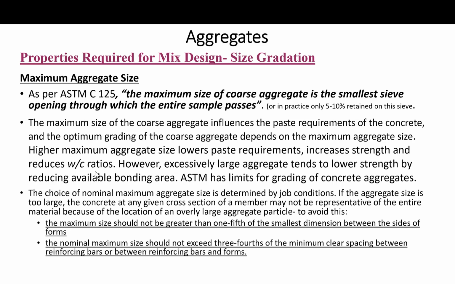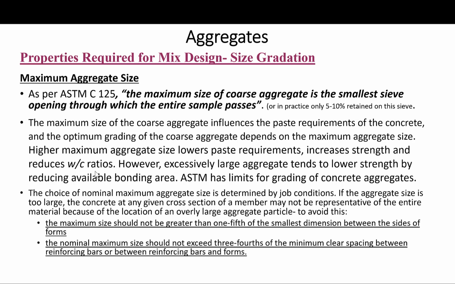Also, the choice of a nominal maximum aggregate size is determined by job conditions. Listen to this. If the aggregate size is too large, the concrete at any given cross-section of a member may not be representative of the entire material, because of the location of an overly large aggregate particle.